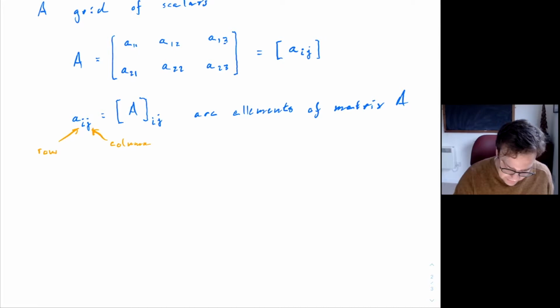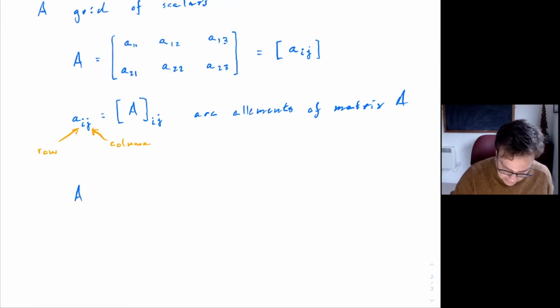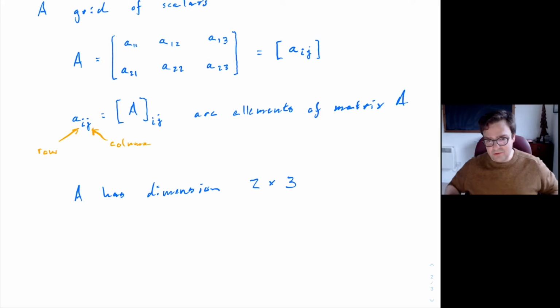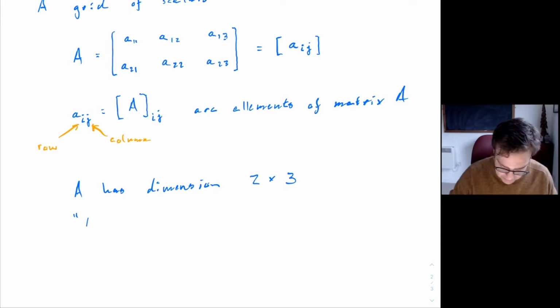And we say that there's a dimensionality to the matrix. So A has dimension 2 by 3. That's the thing I misspoke earlier. Or sometimes you just say in short, A is 2 by 3.